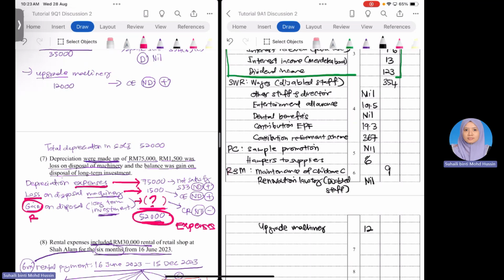It's mathematics actually. Anyone can get the amount? The total should be 52,000 ringgit, but how much is the amount of the gain on disposal? 24,500 ringgit?